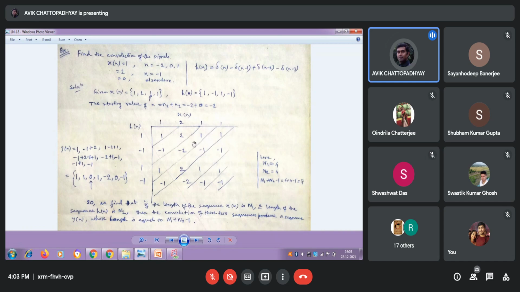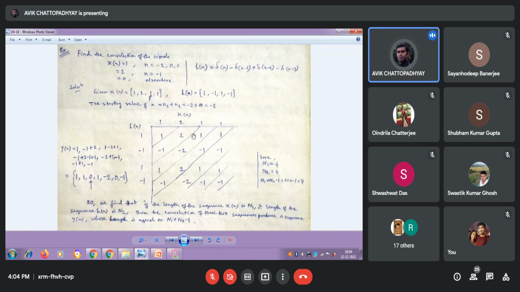Also, there is another technique where you don't need to calculate. Just locate the pivot element. This one is the pivot element for xn, and this one is the pivot element for hn.